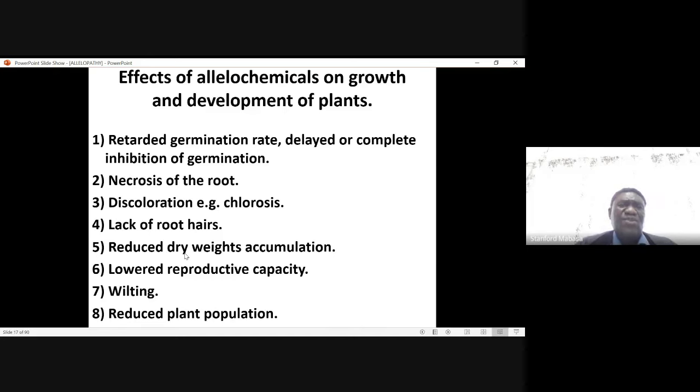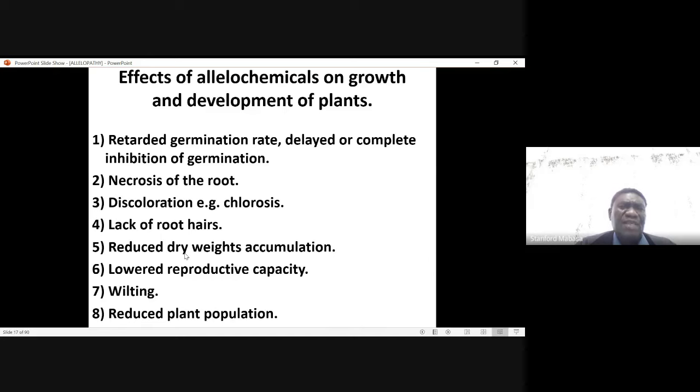The other symptom could be chlorosis. This is discoloration of leaves. We have noted that Lantana camara can cause chlorosis to some weeds like Bidens pilosa.